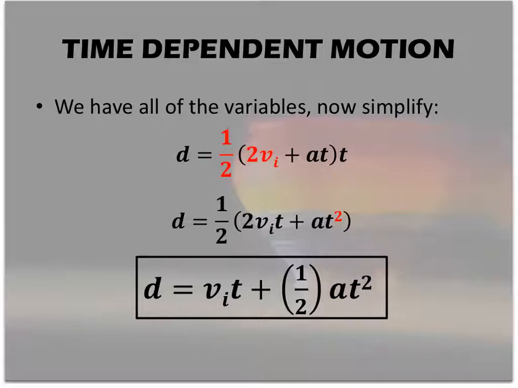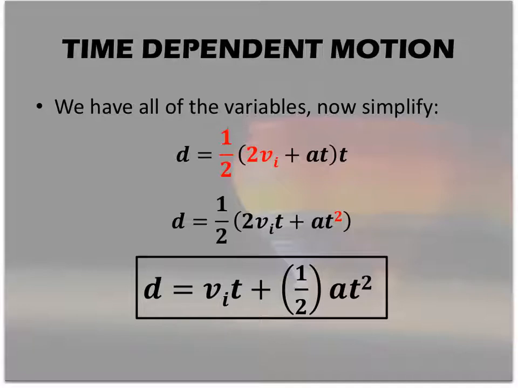So I'm going to bring that 1/2 up front, and that allows me to get it out of the variable lineup. I'm then going to take that time variable and distribute it throughout all of this. By taking time and multiplying by time, I get time squared, and then by taking time multiplying by 2vi, I get 2vi times t. Okay, and that's going to get that time variable cleaned up.